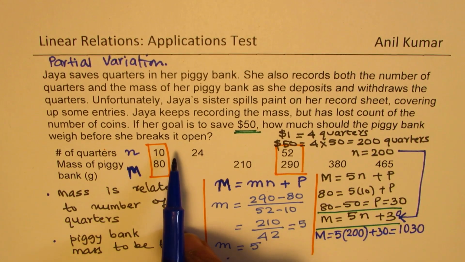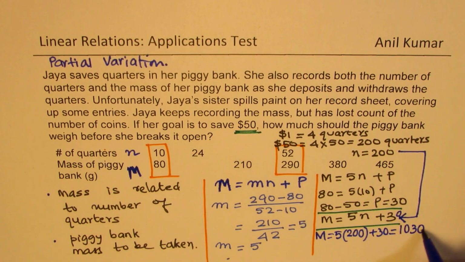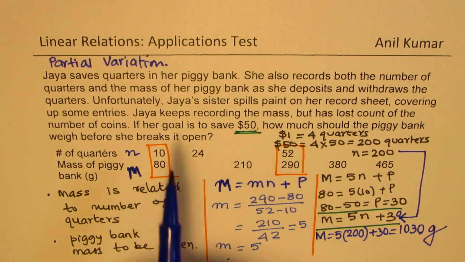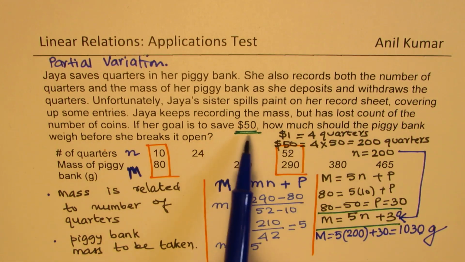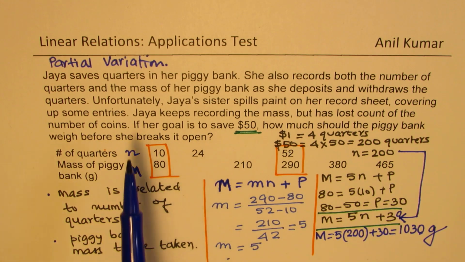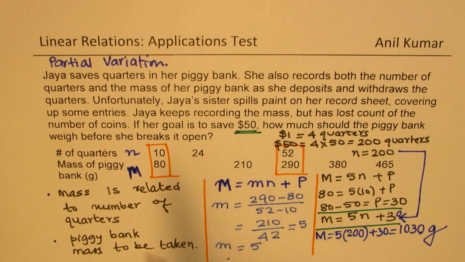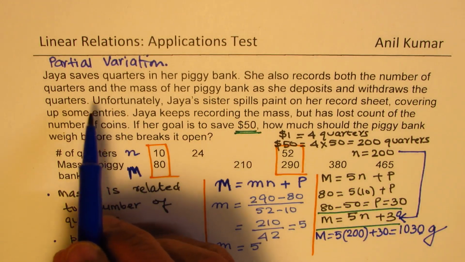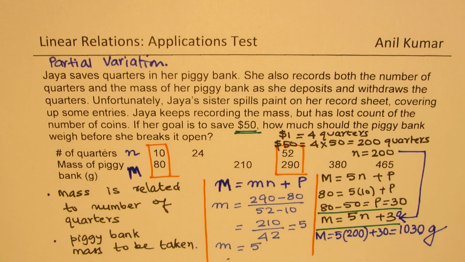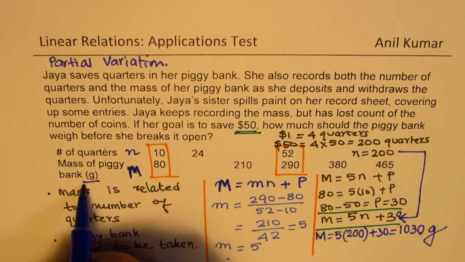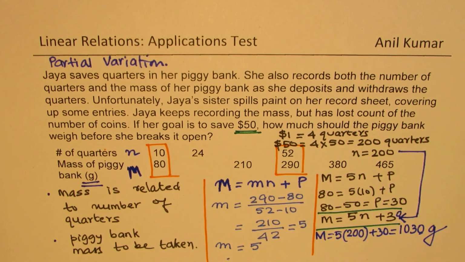And the units are in grams, I think. The mass is given in grams, so we are going to use the same units. Is that clear to you?